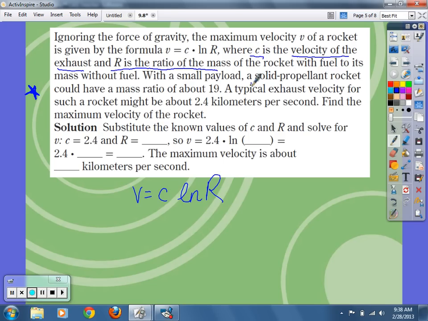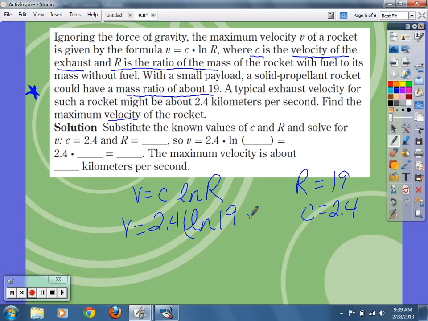With a small payload, a solid propellant rocket could have a mass ratio of 19. So that would be big R. It's 19. Exhaust velocity is C. C equals 2.4. We're going to go ahead and plug it into this formula. Find the maximum velocity. We are looking for V. 2.4, natural log of 19. This is 2.4 times the natural log of 19.